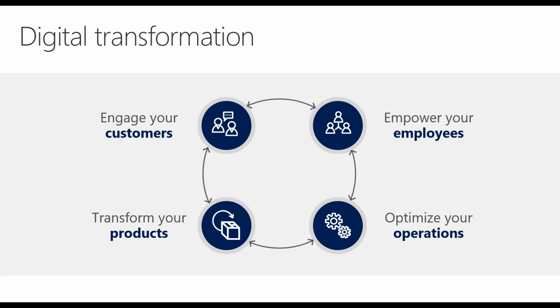When you talk about this buzzword that's in the market called digital transformation, it's really all about engaging your customers and empowering your employees, optimizing your operations, and transforming your products. And businesses are looking to technology to deliver that and help them address all those concerns through technology.